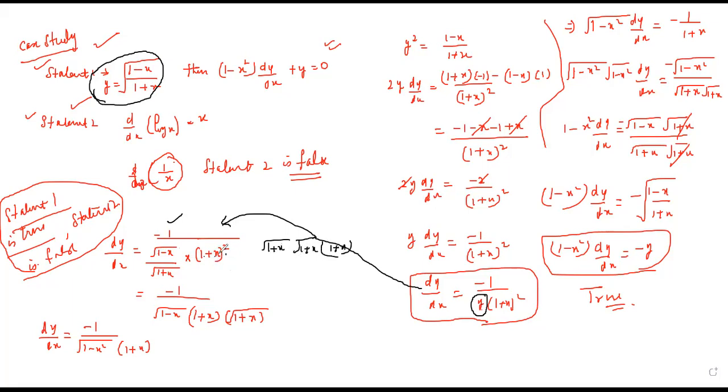I solved it, so one under root (1 plus x) got cancelled, and what remains is under root (1 plus x) and (1 plus x). So I wrote under root (1 plus x) and (1 plus x). This is under root (1 minus x), this is under root (1 minus x). So (1 minus x) multiplied by (1 plus x) will be under root (1 minus x square), and (1 plus x) as it is with you. I hope this is clear.